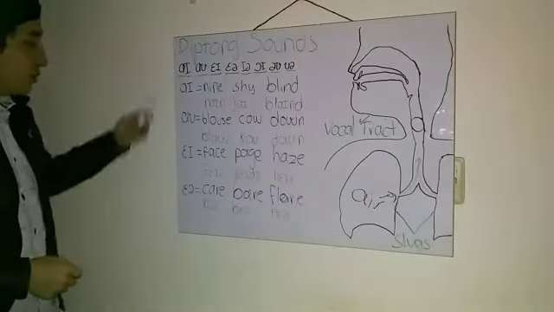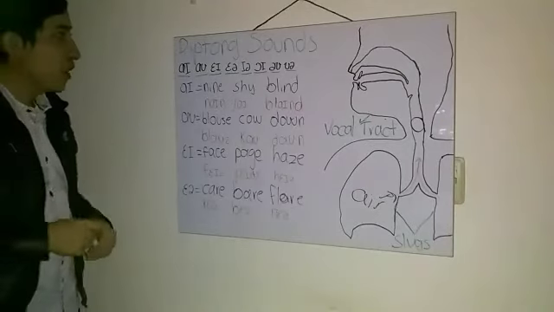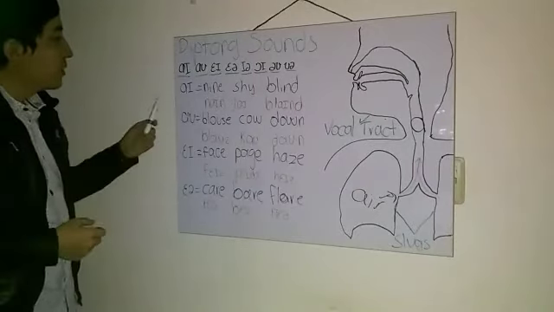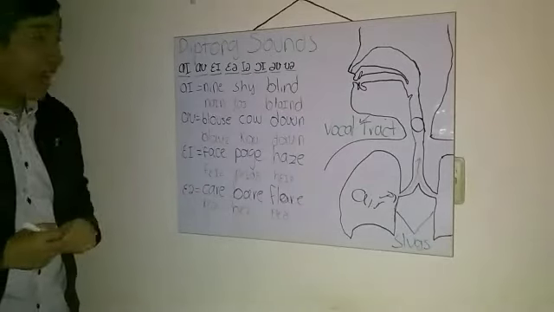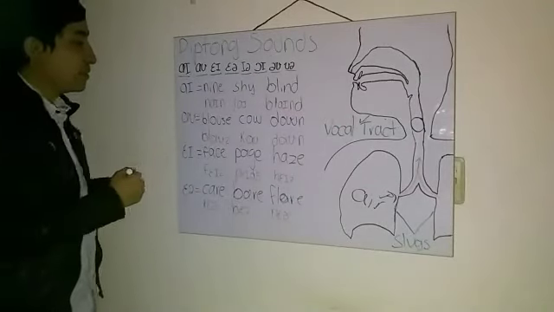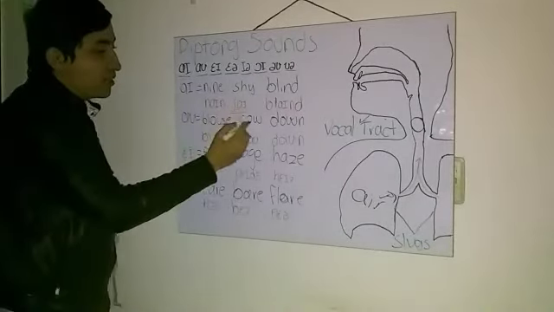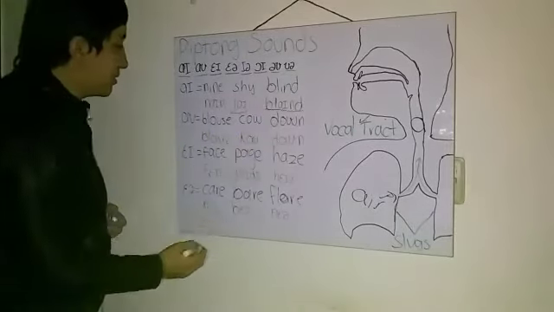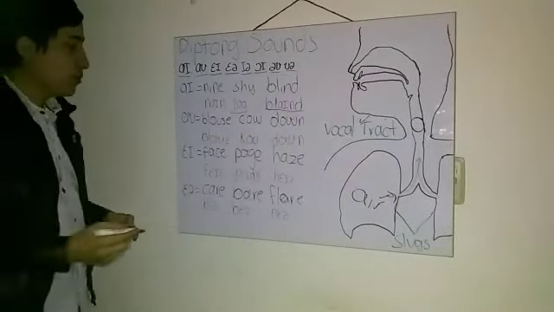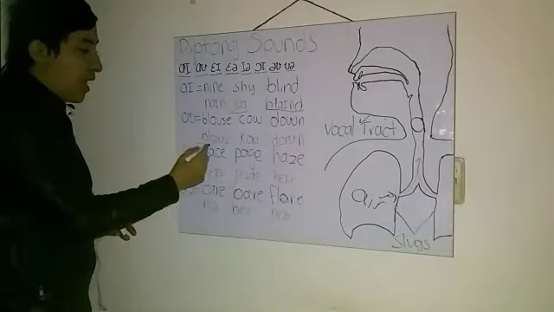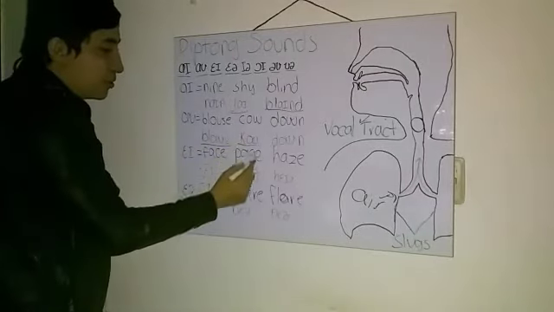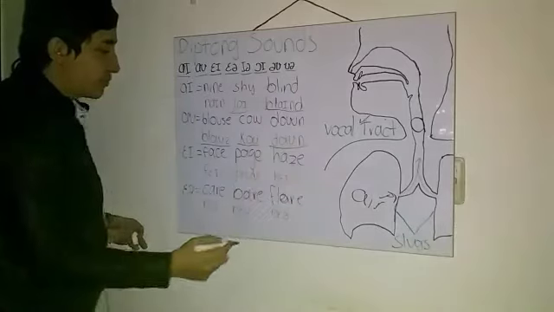Well, we're going to start with the first four diphthong sounds. We're going to start with I: nine, shy, blind. We're going to continue with ow: blouse, cow, down.